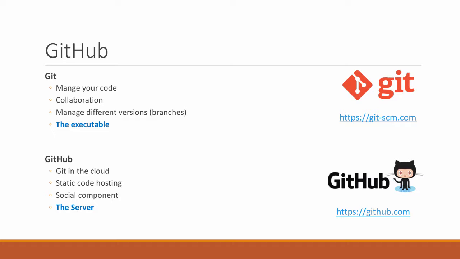And GitHub is one of the most famous hosting services for Git. You can use GitHub for free if your repositories are public, and if you are a student, I think you can have 5 private repositories that no one can see. But after that, your code has to be public, it has to be open source.